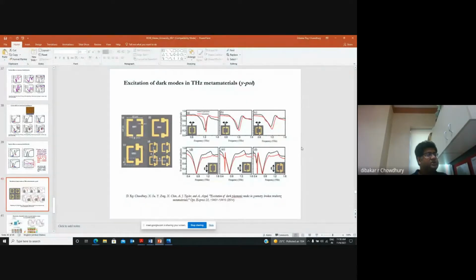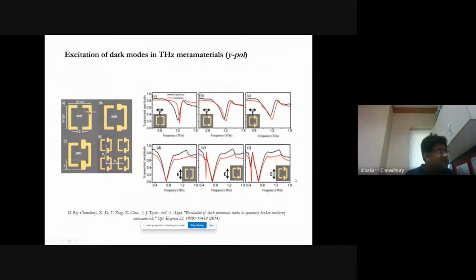These are the things we have done, and apart from that, we worked on toroidal and dark state excitation. This is dark state excitation in a planar structure. You see that these are symmetric resonators, and then we incorporate asymmetry by including this plate.